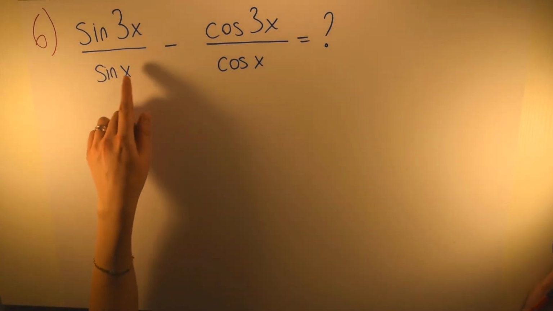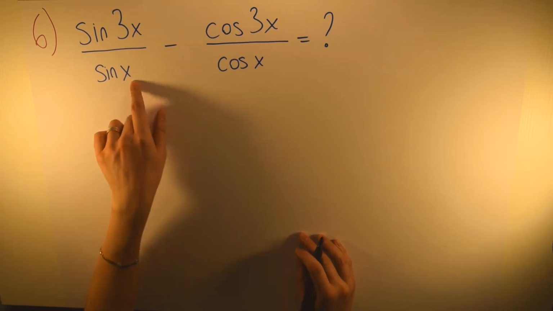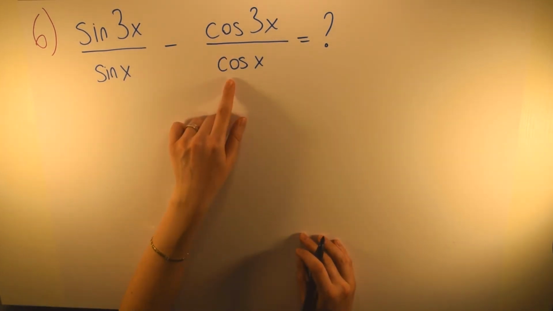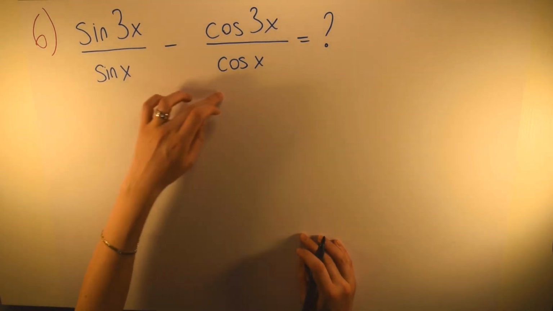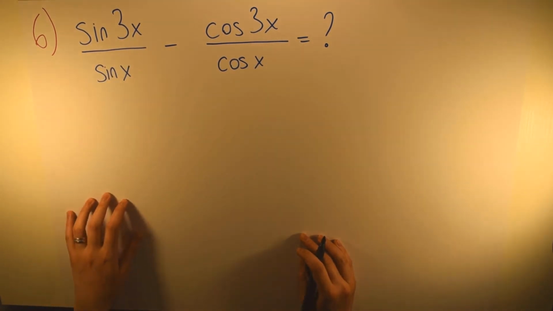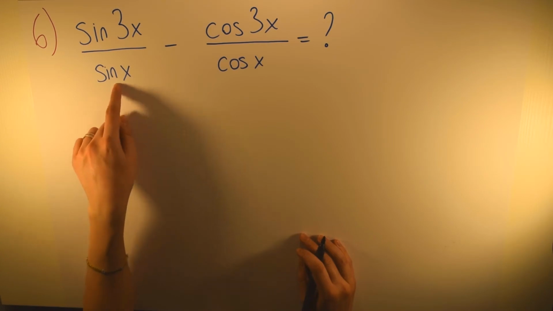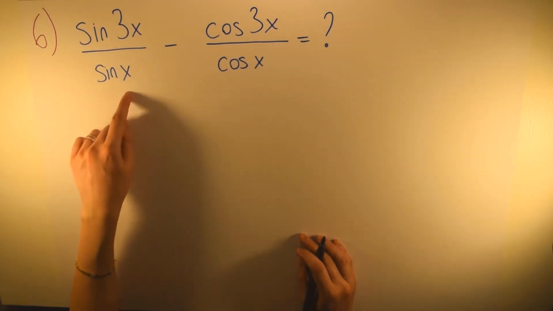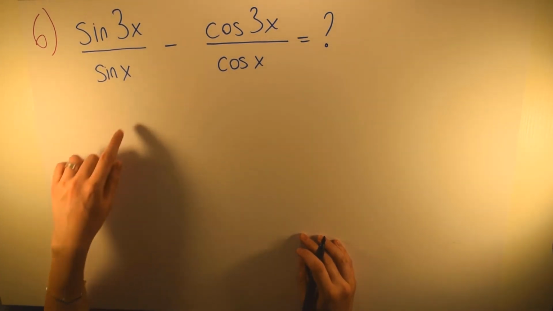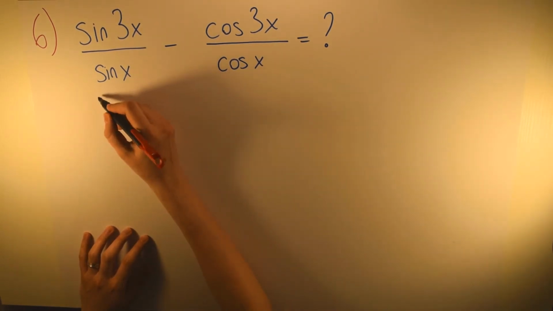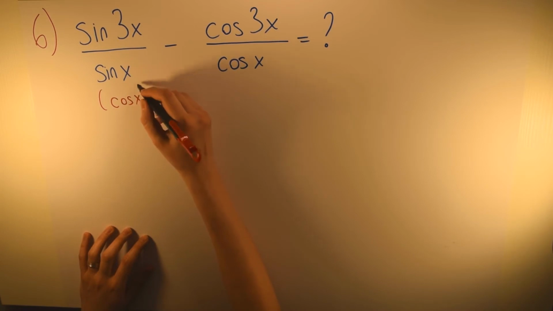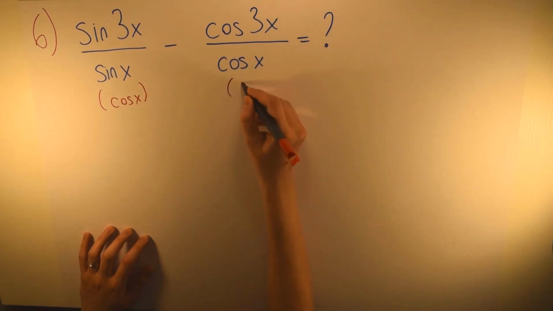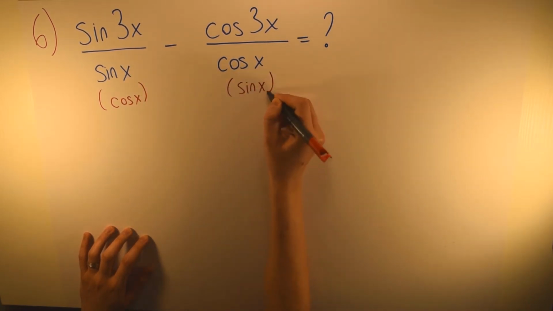Okay, here we have sine 3x over sine x minus cosine 3x over cosine x is asked. So we will simplify this expression. Let's first start with these denominators. Let's equalize their denominators, and here it will become cosine x. We will multiply this one by cosine x and this one by sine x.